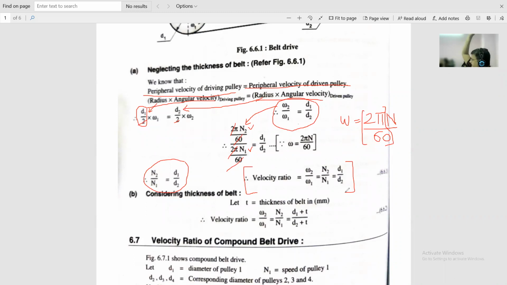In the gear also the same thing was there. So it is just one kind of repetition for you people. So this is the case where thickness is neglected. The thickness is very small and the belt length is very large. When one dimension is extremely bigger than another dimension, we neglect the other dimension because it is very, very small. Now the belt is nicely 2 meters, 3 meters long and the thickness is 5 mm. 2 meters, 3 meters means how much?